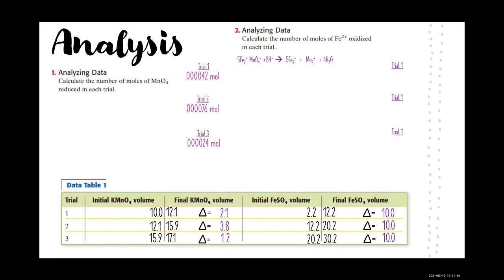So how do we calculate the number of moles that we oxidized? All right, well, we're going to take our coefficients and use them to determine the number of moles based on the volume. Again, this is something that lab rats are doing, but junior lab rats really are not working on this type of equation yet.